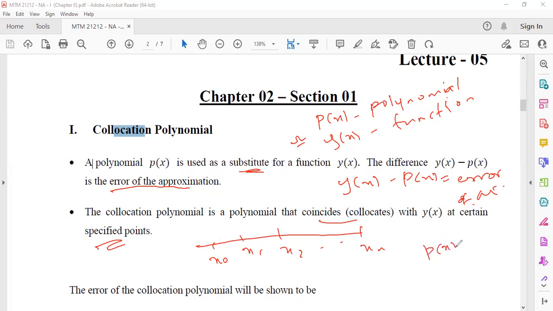For example, one kind of polynomial can coincide with y(x) at a certain point, where y(x) and P(x) are equal. Here x3, not x0 or x2, some certain specific point, it coincides with our actual function y(x). This kind of polynomial we call a collocation polynomial.